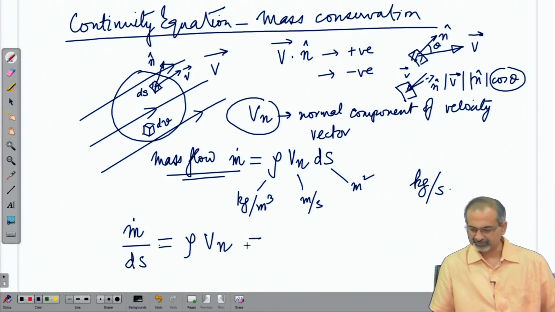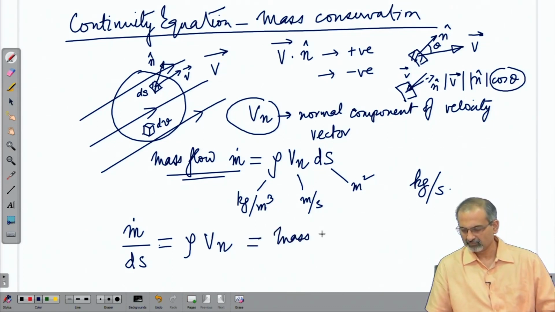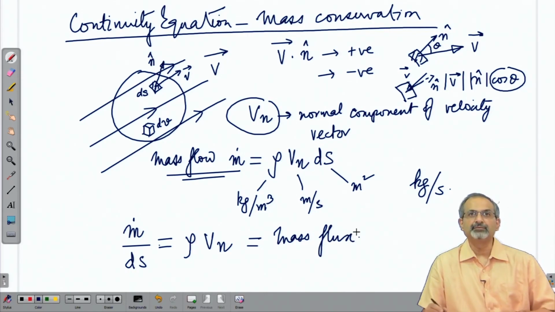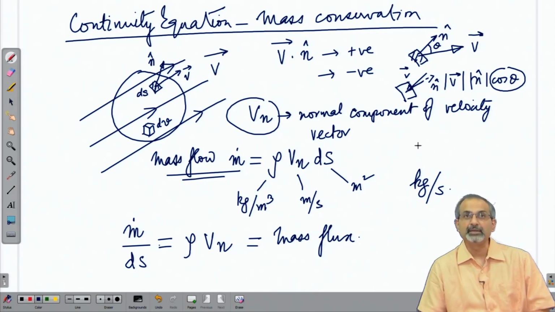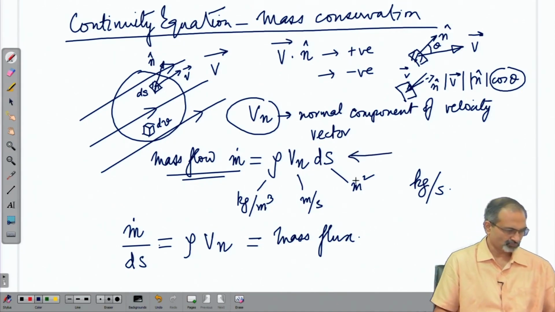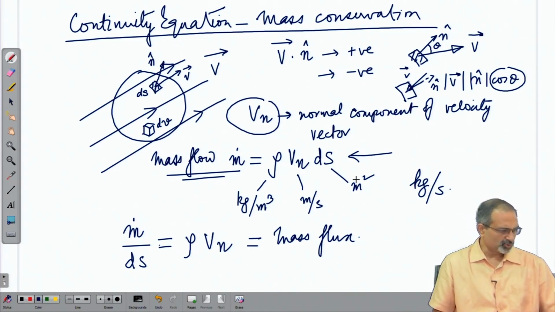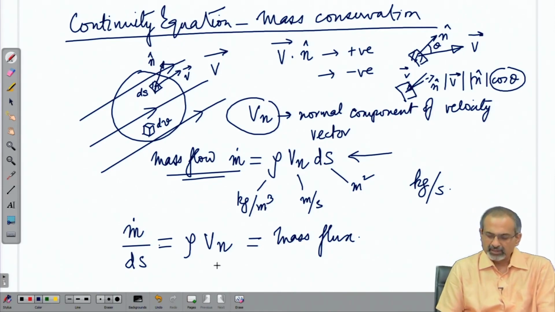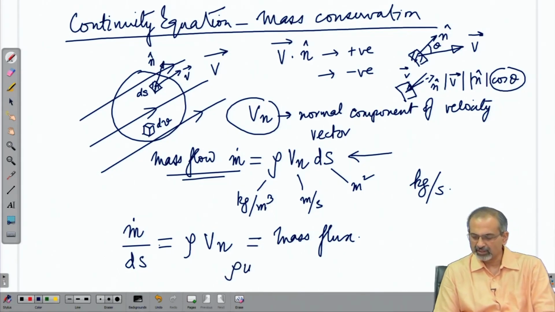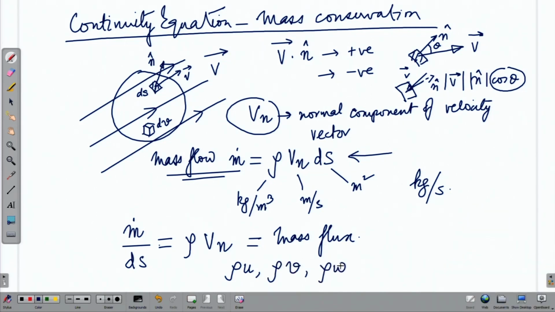It is the mass flux. So, instead of the elemental area, if you decide to define it for the complete area, then you actually have to take contributions from all the elemental areas and integrate them. When it comes to mass fluxes, if you involve the different velocity components along the Cartesian directions, then you can define mass fluxes rho u, rho v, rho w, which are along the x, y, z directions.